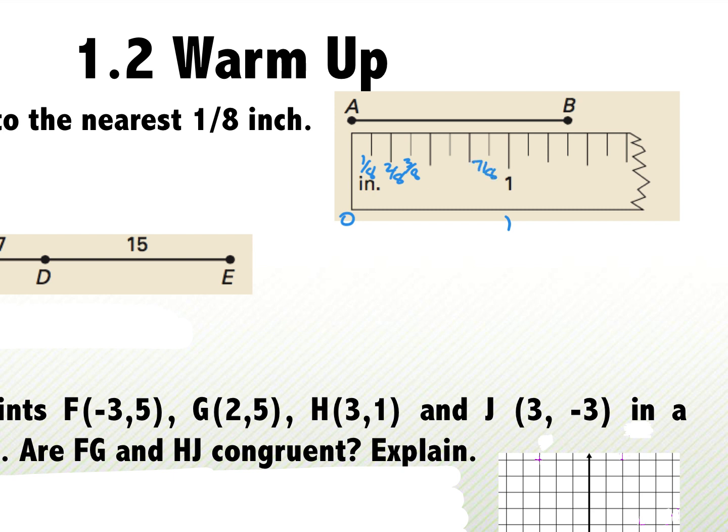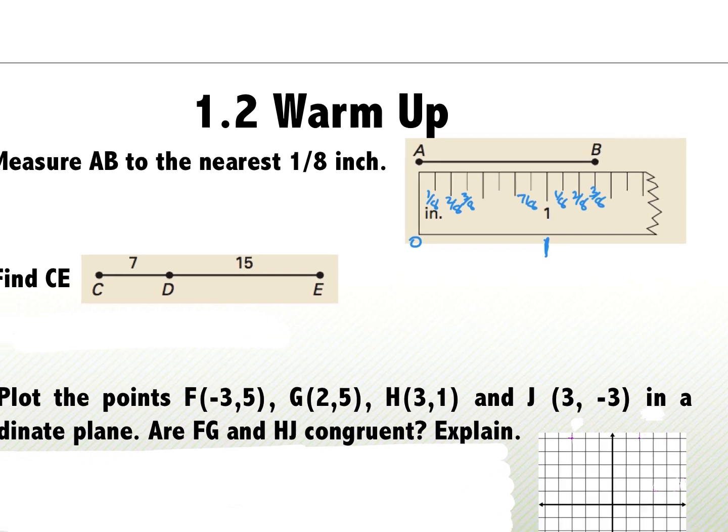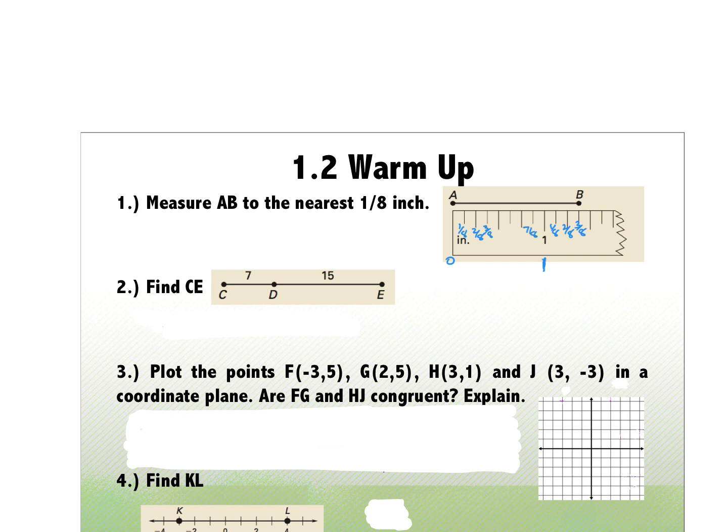So notice over here, once we hit the 1 inch mark, then this would be 1/8, 2/8, and it goes all the way up to 3/8. So that's why this segment AB is going to measure 1 3/8 of an inch. But again, you will not have something like that on your quiz or test.